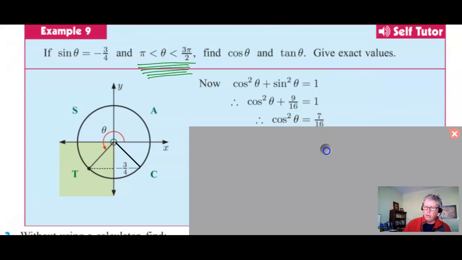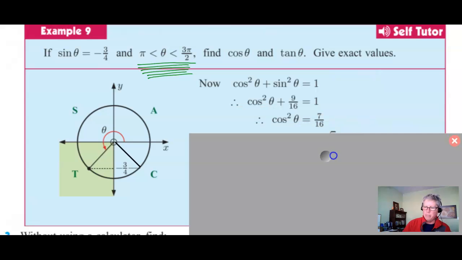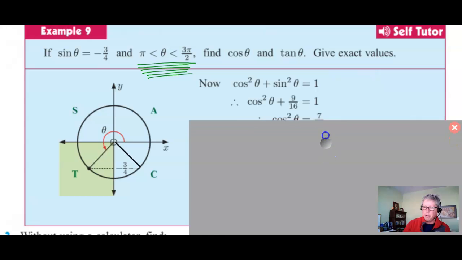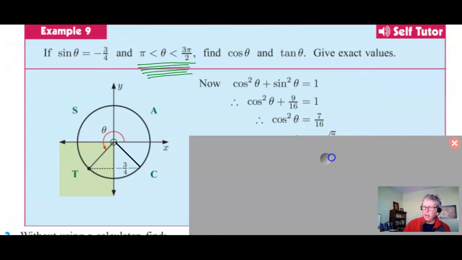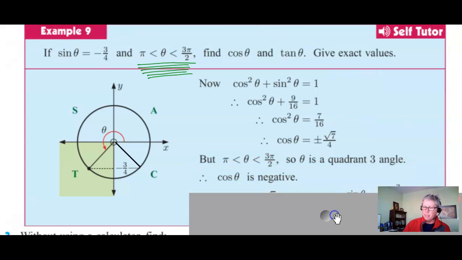I will point out a really cool thing: these are the exact same problems we've been doing, right? Plug it in, do that, great, plus or minus, we're good. But I wanted to point out this idea. They're saying, I only want the cosine value where the angle is between pi and 3 pi over 2.